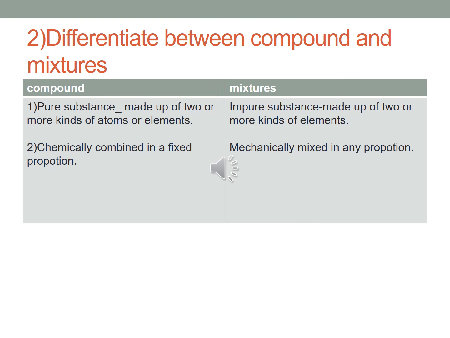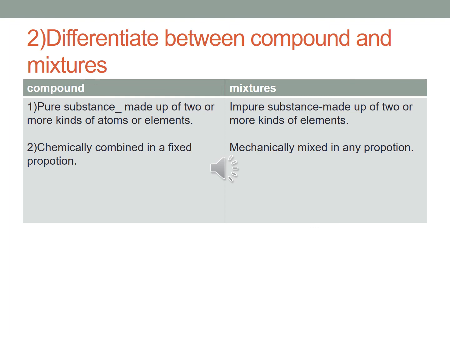Now you put 2 columns, compound in one column, mixture in the other. Compound is a pure substance made up of 2 or more kinds of atoms or elements.